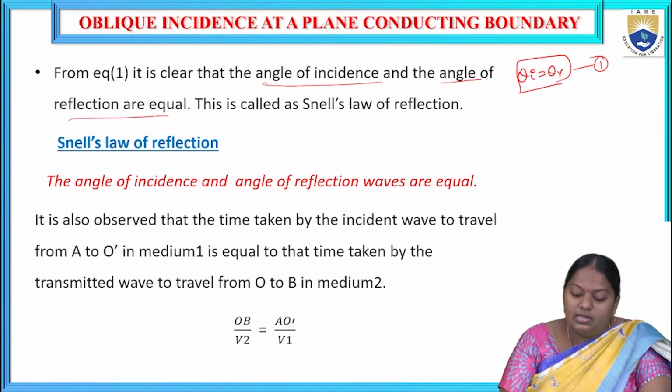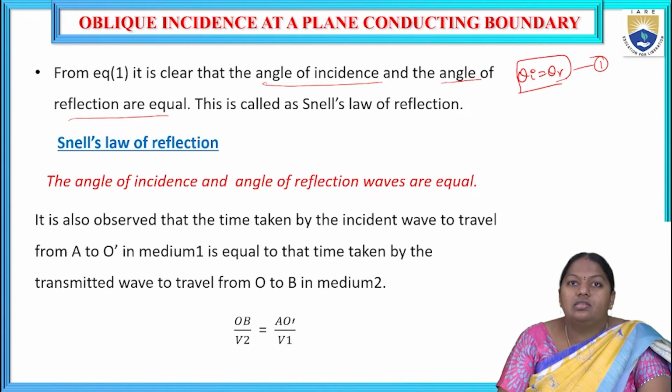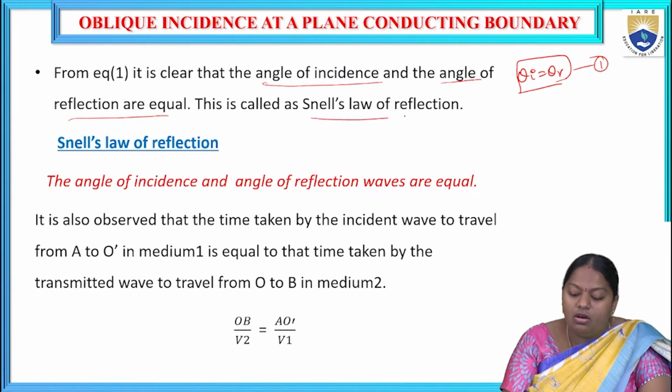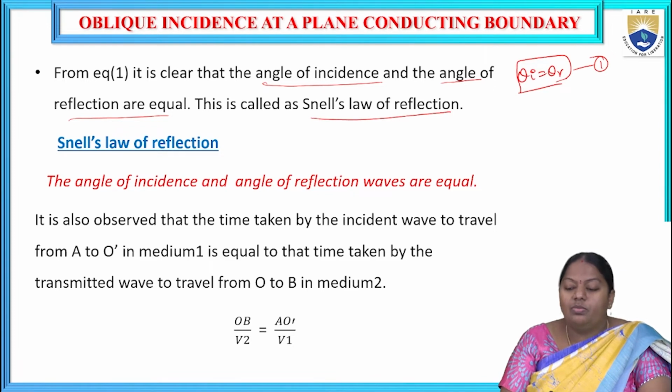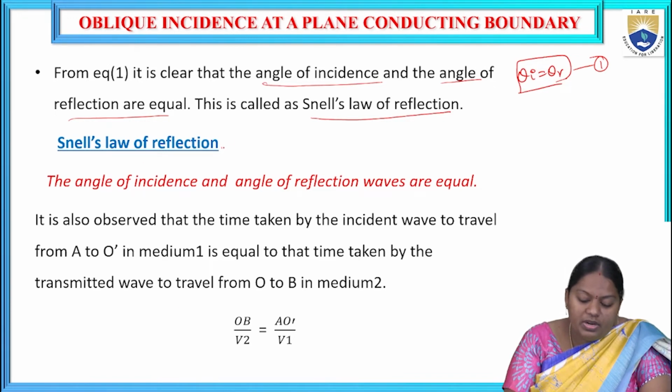So from this we can say that the angle of incidence and the angle of reflection are the same or equal. Then that is called Snell's law of reflection. It is related to reflection. So the statement is given here: theta I equal to theta r.